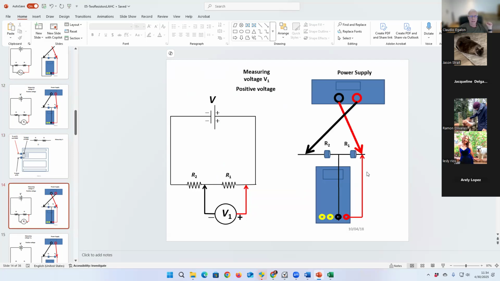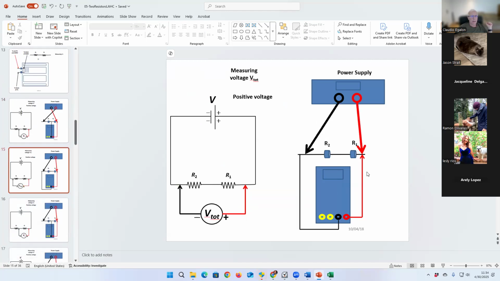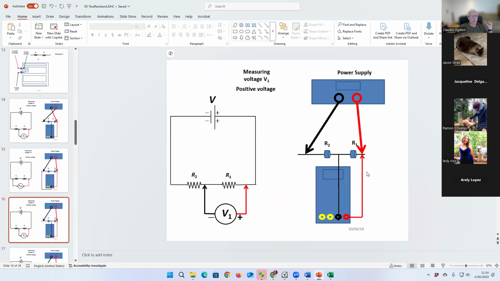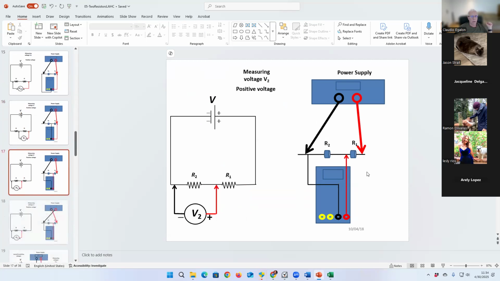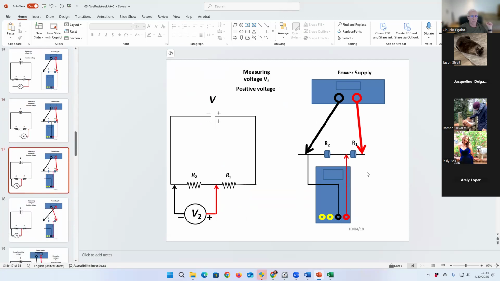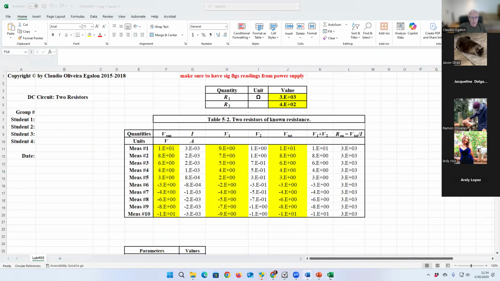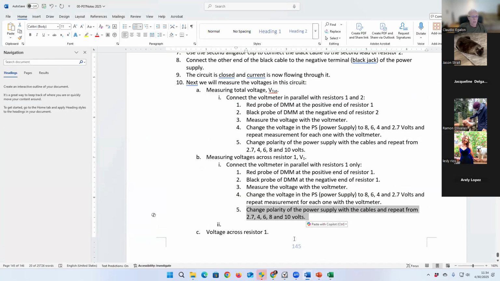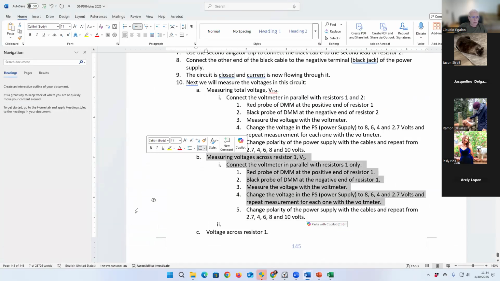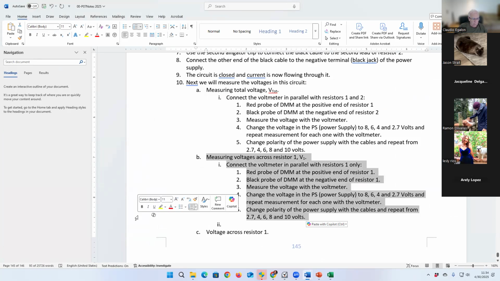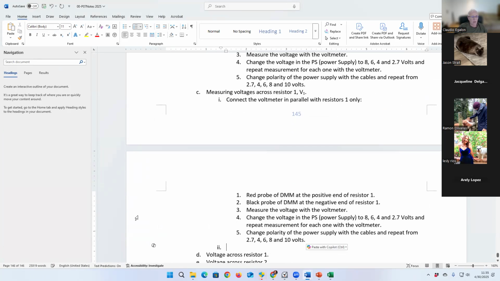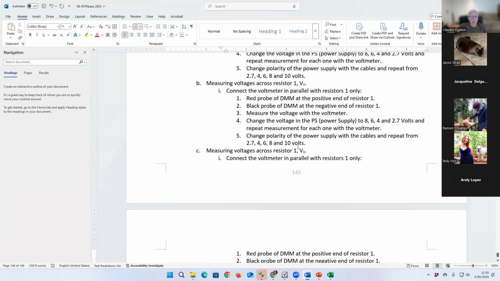Okay. Now we did V total, we did V1. Now we are going to do V2. All I have to do is to copy and paste this thing for the other one and just make some minor adjustments.